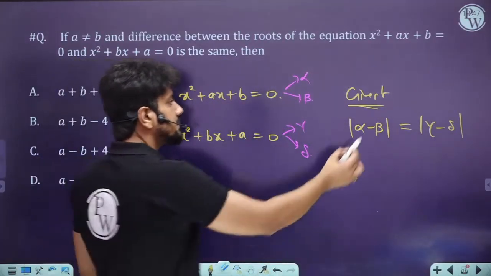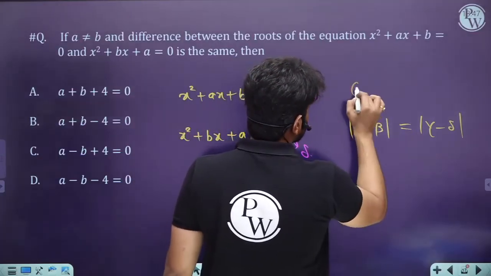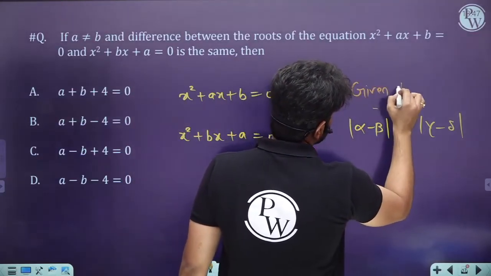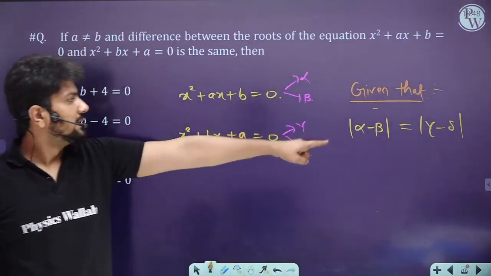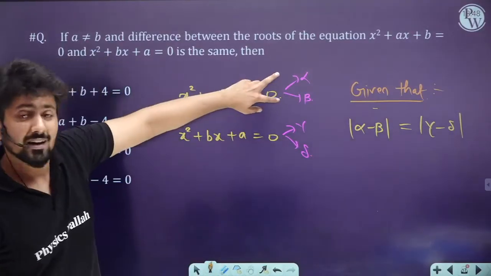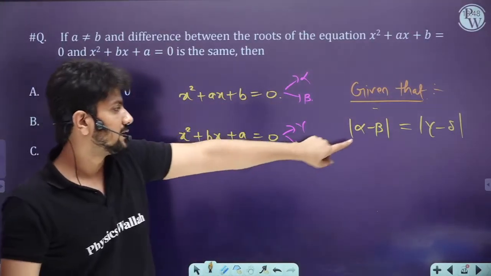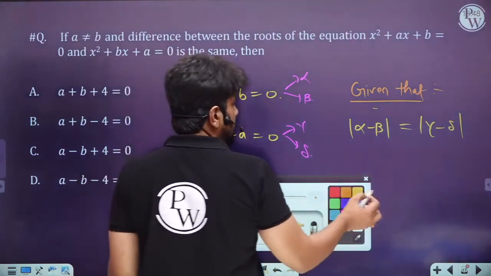Let me write it more beautifully. Given that alpha minus beta is equal to gamma minus delta, where alpha and beta are the roots of the first equation, and gamma and delta are the roots of the second equation. Now, what's the value of alpha minus beta?